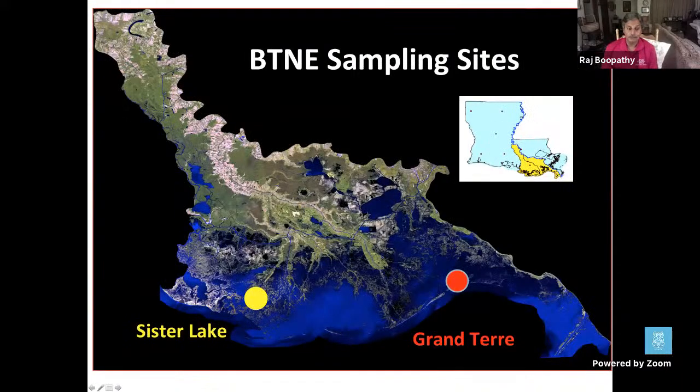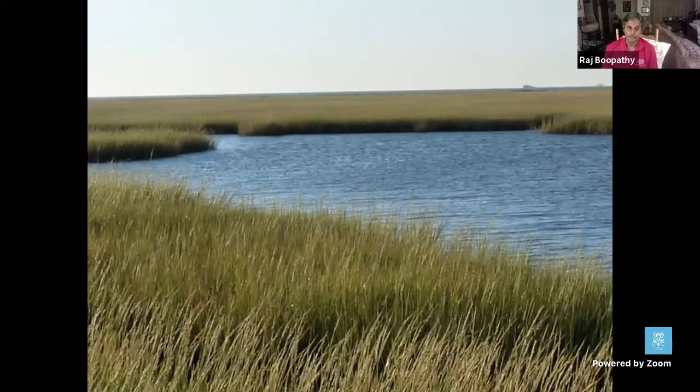And so we went to these two sites where the oysters are. We collected samples and brought them to the lab and did our basic studies. So this is how it looks when we went to take samples. It looks pristine. It looks clean from a distance.